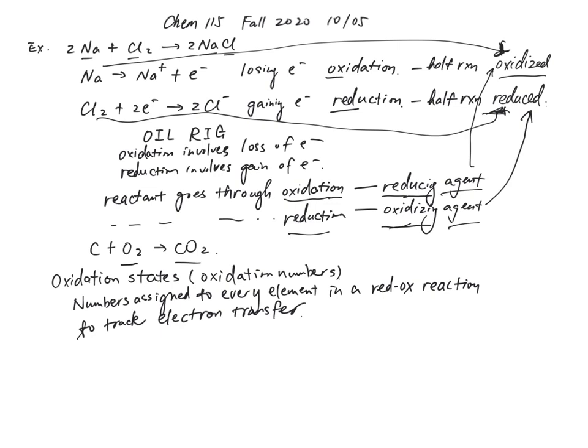If it's increasing, it's losing electrons. If it's decreasing, it's gaining electrons. Then you have a clear view of who's going through what.